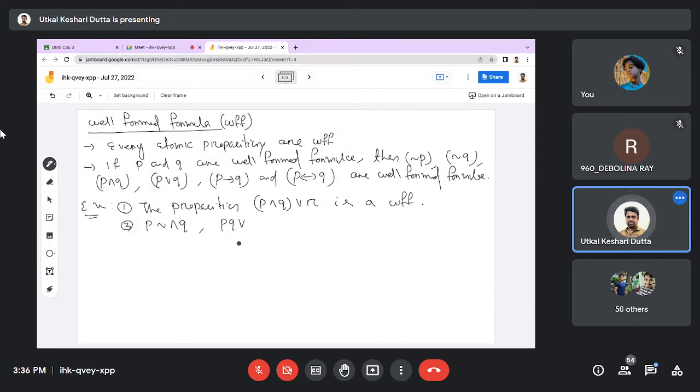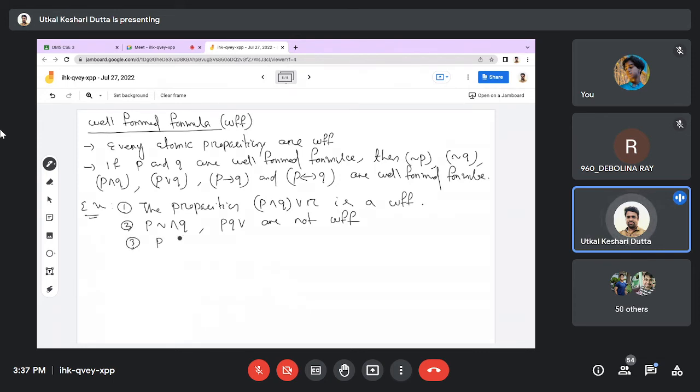It doesn't mean anything. P Q disjunction, disjunction to what? We don't know. So both are not well-formed. These types of compound propositions are not well-formed formulas. Okay.